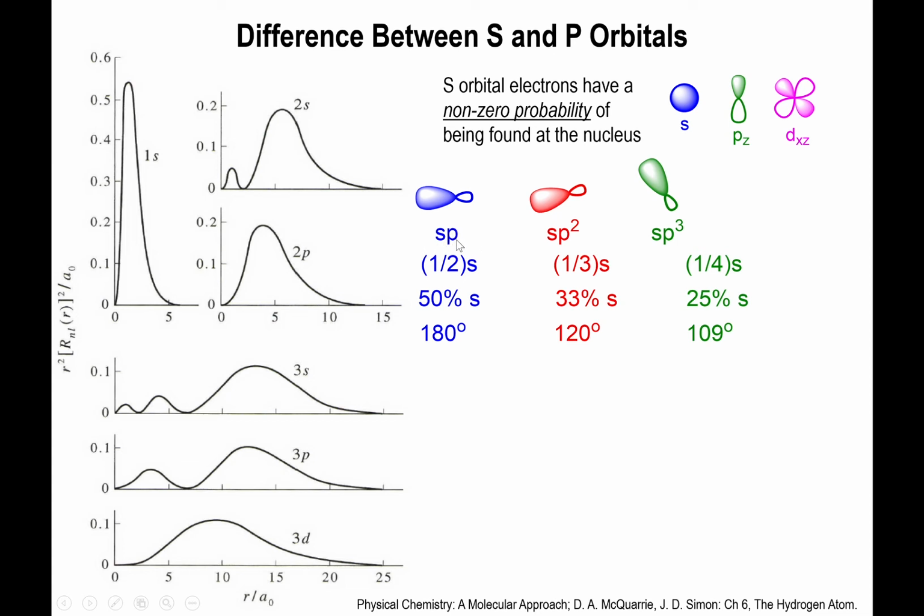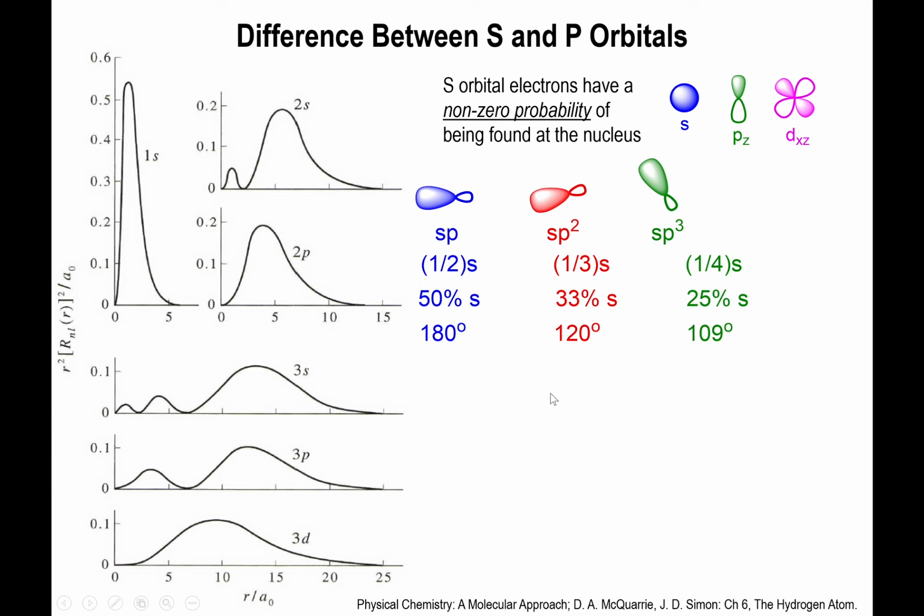One of them is s, one of them is p. So 50% of the character of this hybrid orbital is s. In an sp2 hybridized orbital, however, only one out of three orbitals is s, so you have only 33% character of s orbital in it. And for the sp3 hybridized orbitals, you only have 25%.